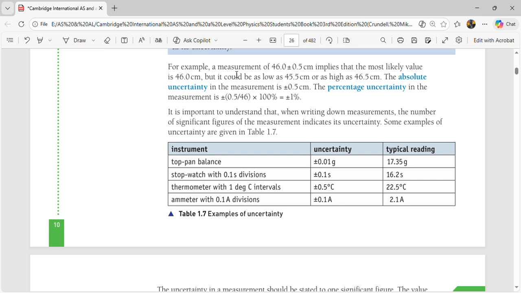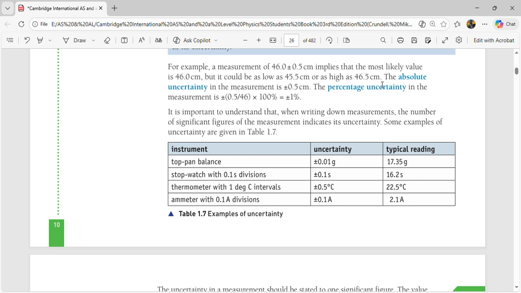So this is a range of values within which the value lies, from 45.5 to 46.5. If you subtract the 0.5 from 46.0, you get 45.5. When you add 0.5 to 46.0, you get 46.5. So that's it. The plus or minus 0.5, that's the absolute uncertainty, obviously.